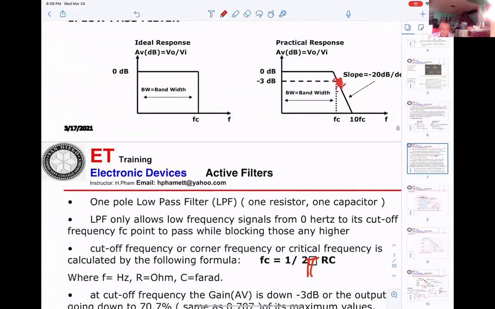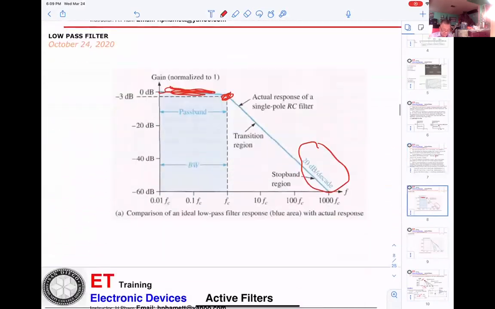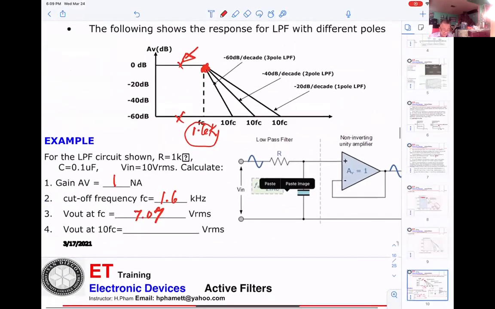But that's what I say at the minus 3 dB. You don't care about this part; it can be going a little down here. Minus 3 dB. Then you calculate the cutoff and get 1.6 K. Then you say the output now will be 7.07 volts RMS.